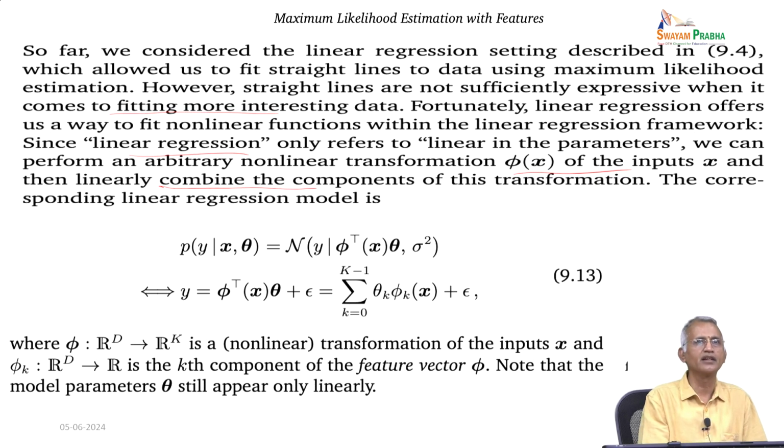The corresponding linear regression model is p of y given x, theta equal to N of y given phi transpose of x times theta, sigma square, that is, y equals phi transpose of x times theta plus epsilon, which is equal to the summation over k equals 0 to K minus 1 of theta k times phi k of x plus epsilon, where phi is such that R power D maps to R power K, a nonlinear transformation of the input x, and phi k, such that R power D maps to R, is the kth component of the feature vector phi. Note that the model parameter theta still appears only linearly.